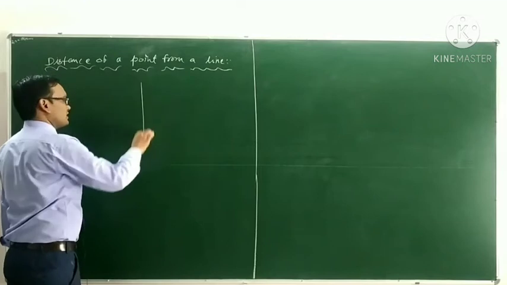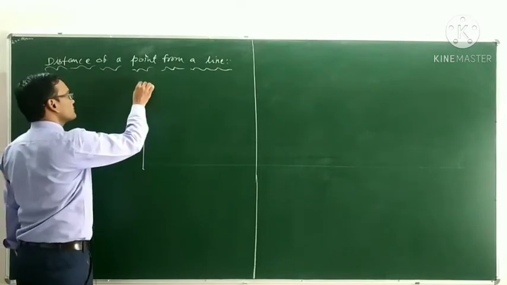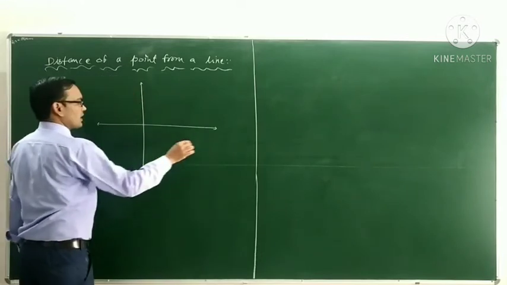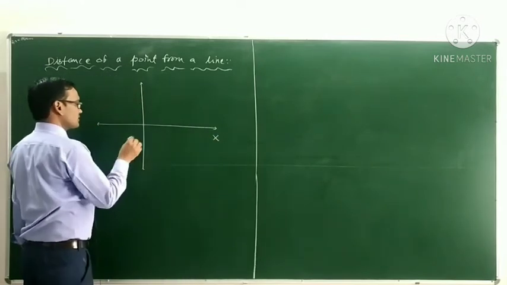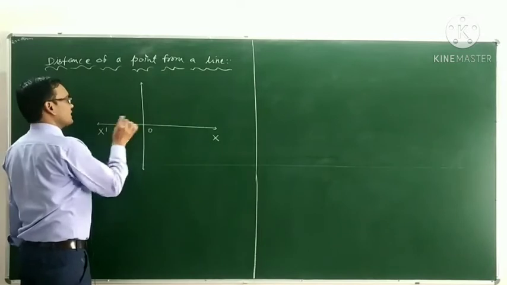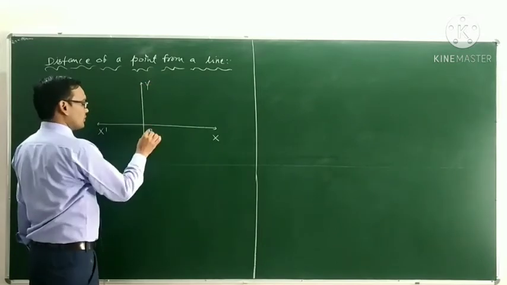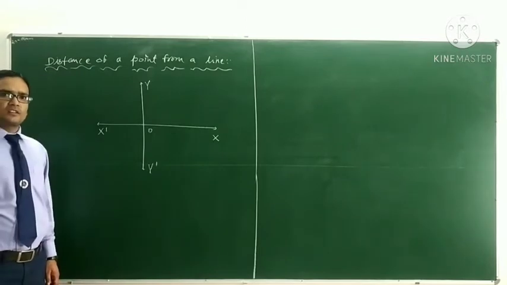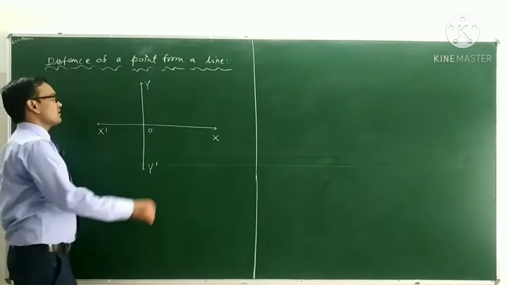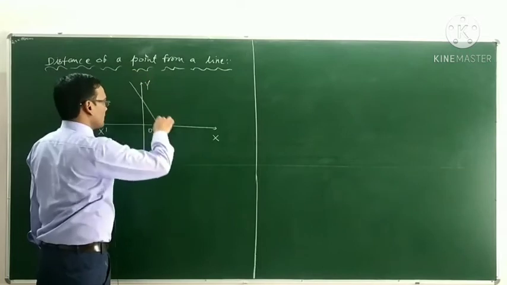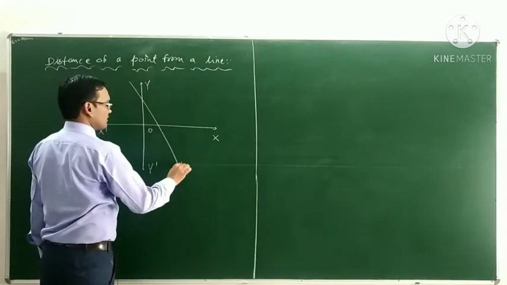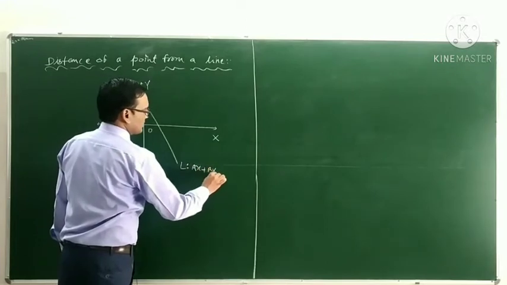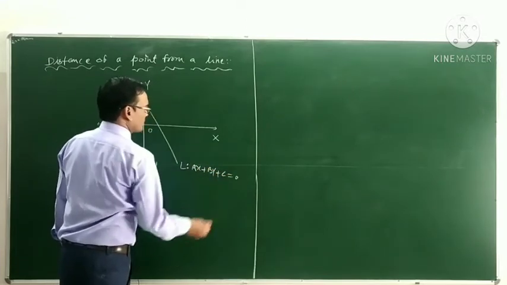We suppose that XOX' and YOY' is the Cartesian plane. Draw a line ax plus by plus c equal to 0.